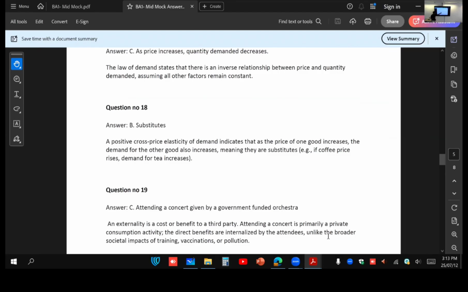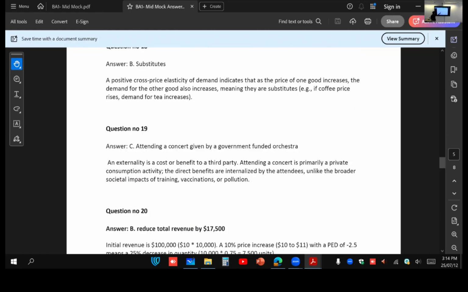Just like that, cross price elasticity, if that is positive, it means this: the price of one good increases, the demand for the other good also increases, which means they are substitutes. Good question, right? Remember this definition.